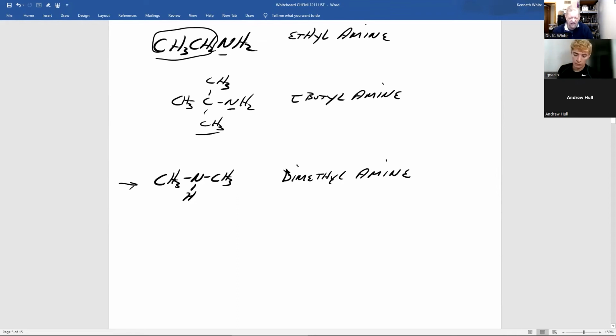Another way of writing the same molecule, notice there are 2 methyl groups on the nitrogen. So I can put 1 methyl group in a bracket, put the number 2, and do this. These are the same molecule, but this is the easier way of writing it. And being an amine chemist who's lazy, me, that's the way I'll probably write dimethylamine.